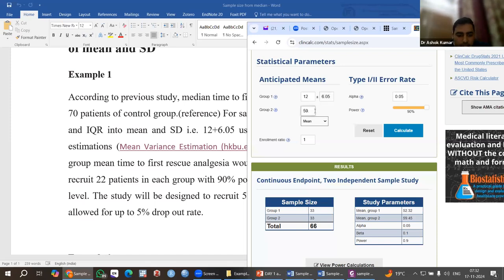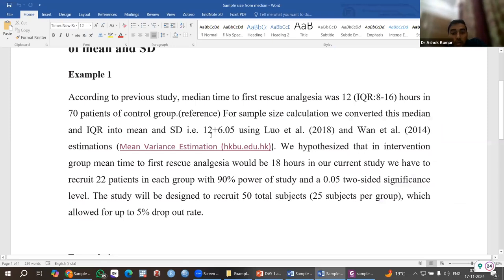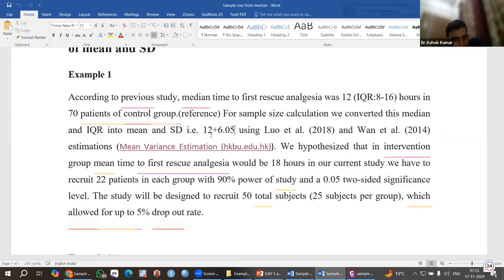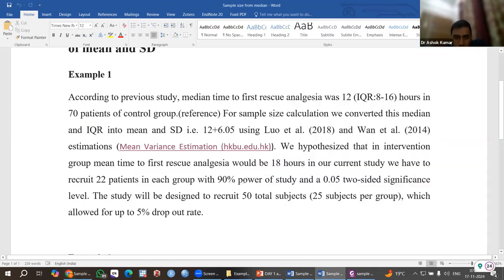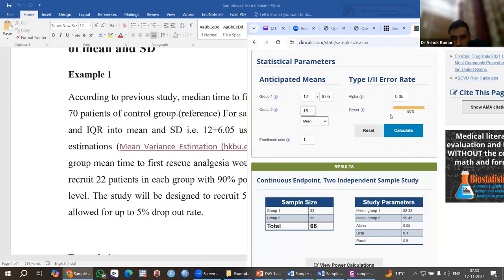Then for group 2, we have hypothesized it would be increased, because if we increase the time to first rescue analgesia, it is a very good thing for surgery. The anesthesia residents or doctors can know better than me. And for how much power? It is 90% power. Very good. I have to select 90%, already selected, equal, then calculate.